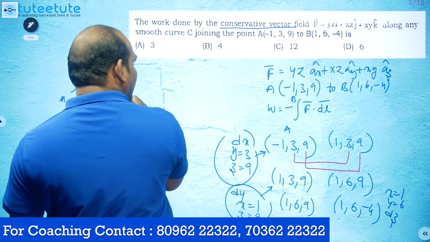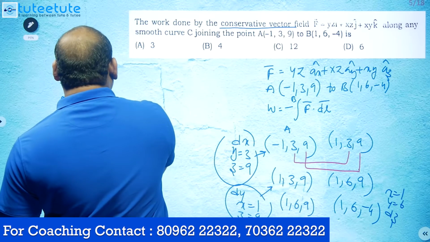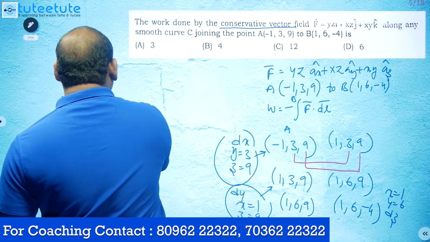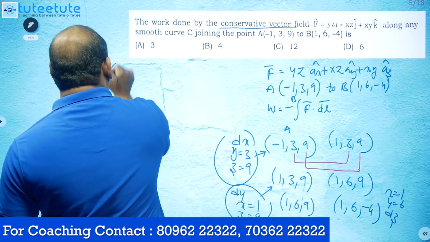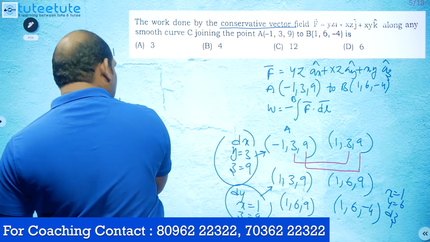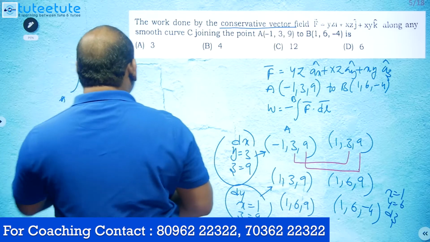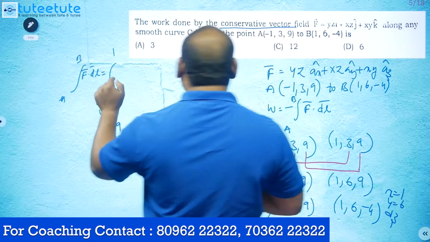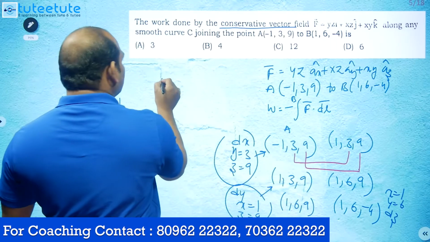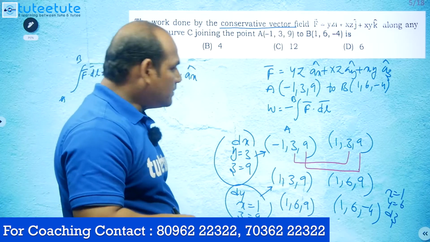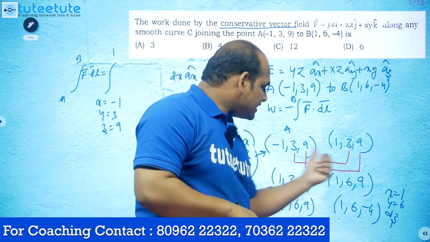So we write F bar dot dl bar, where x is changing from -1 to 1 and we are maintaining y equal to 3 and z equal to 9. These values we will substitute here, and in this direction dl bar is nothing but dx ax cap only, because in this particular path there are 3 paths.